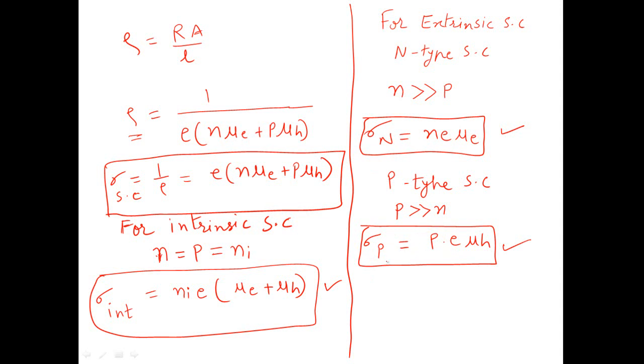Or if you are asked to calculate the acceptor atoms which are added in pure silicon or germanium, provided the conductivity or resistivity and mobility of holes, then the number of holes you calculate will be exactly equal to the number of acceptor atoms, because each acceptor atom contributes one free hole. So these three formulas are important for the conductivity of semiconductors.